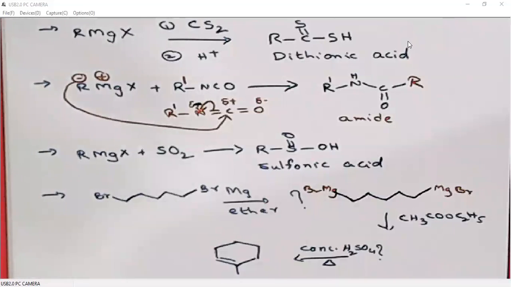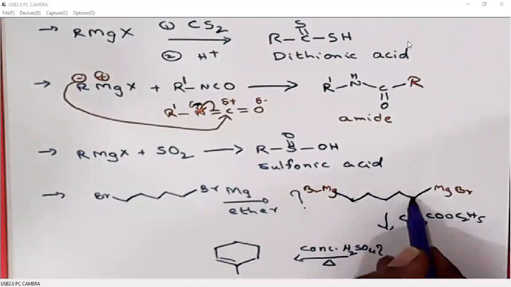Now when this Grignard reagent is treated with ester, if you have one equivalent of Grignard, ester will give you ketone. If we have two equivalents of Grignard reagent, then that will give us an alcohol. Because here the two Grignard reagents are in the same compound, we will get a cyclic alcohol.